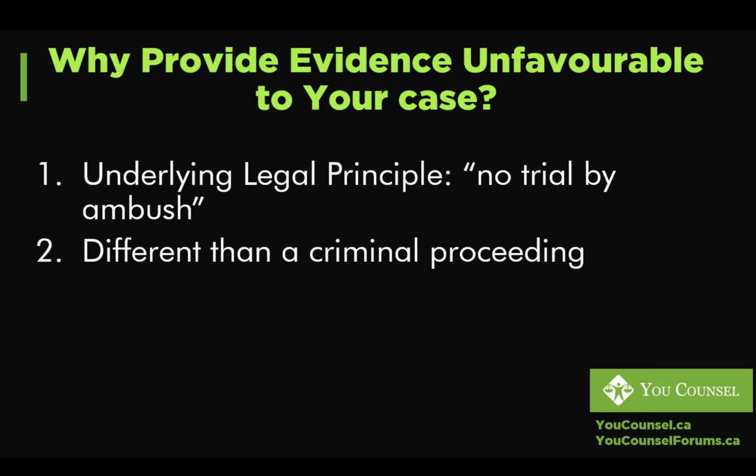So the accused does not even need to testify if he or she or their lawyer believes that the Crown has no case and will not be able to establish beyond reasonable doubt that the accused committed what they're alleging.